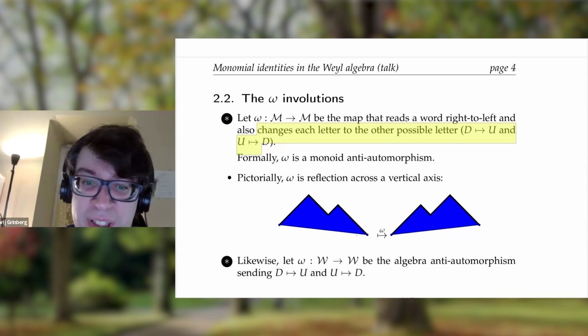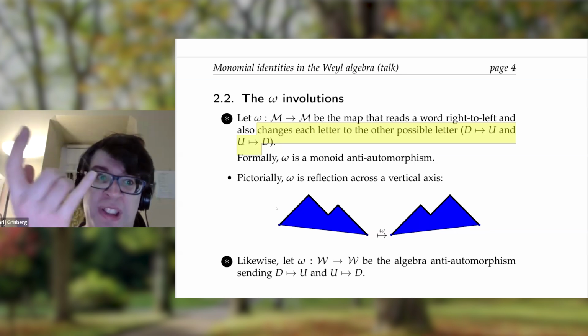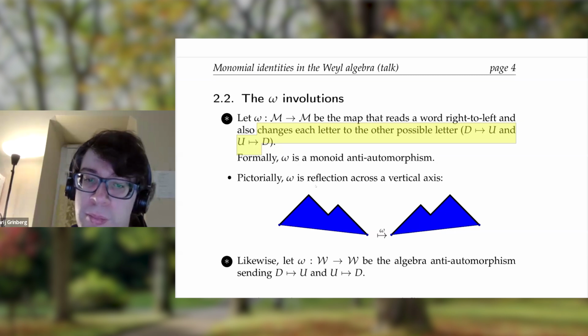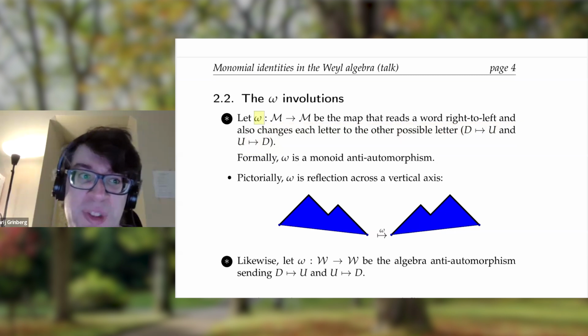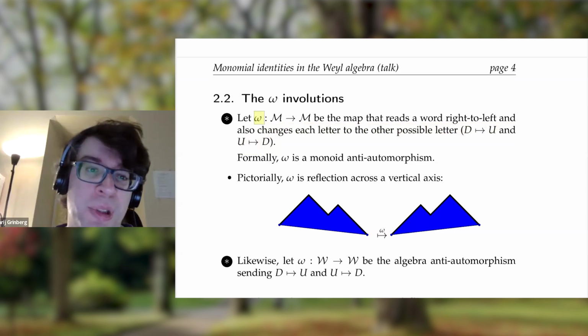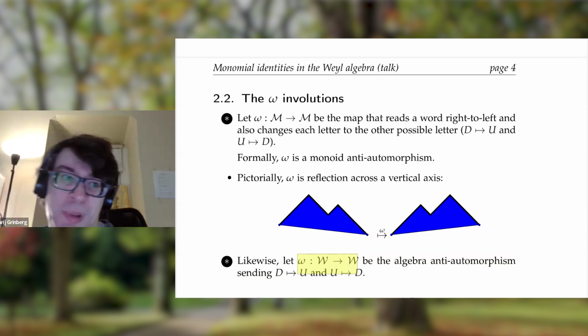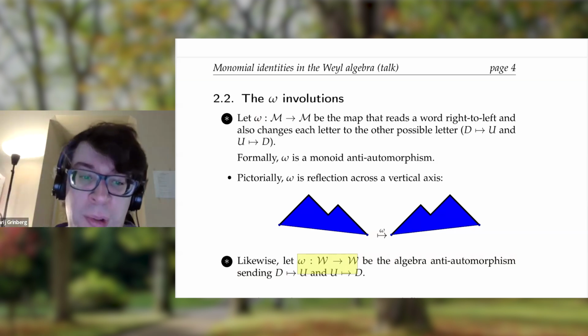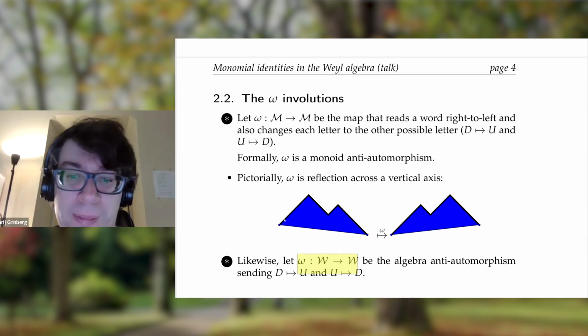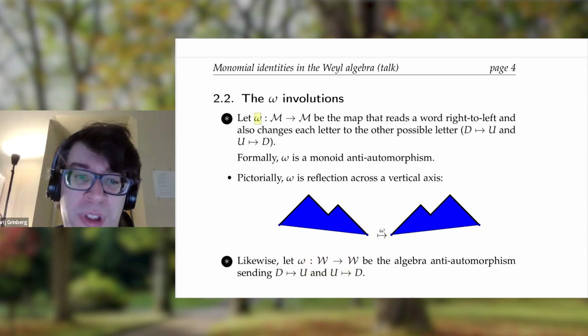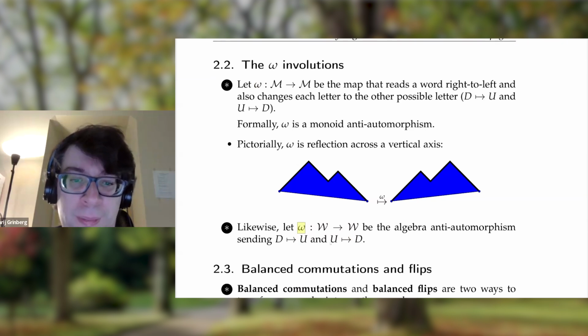You take the lattice path and you just reflect it vertically, so left and right get swapped. Formally speaking, this is an anti-automorphism of the free monoid M. And we can define basically the same anti-automorphism of the Weyl algebra, which sends D and U to U and D respectively, and also reverses the order of the factors. And I call them both omega because they nicely form a commutative diagram with phi.